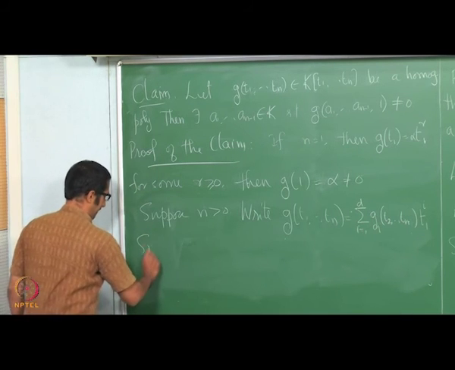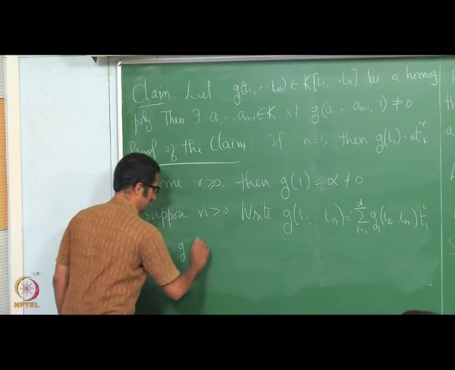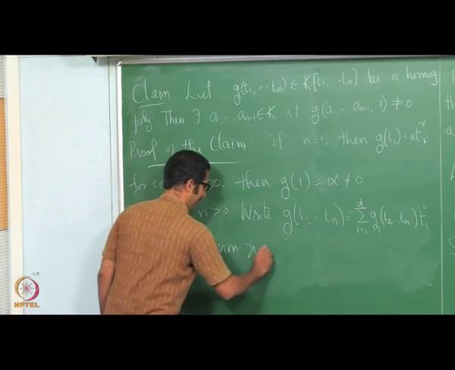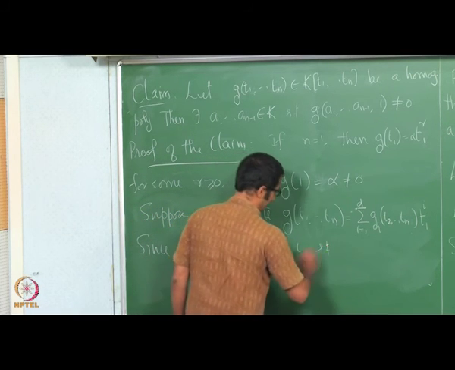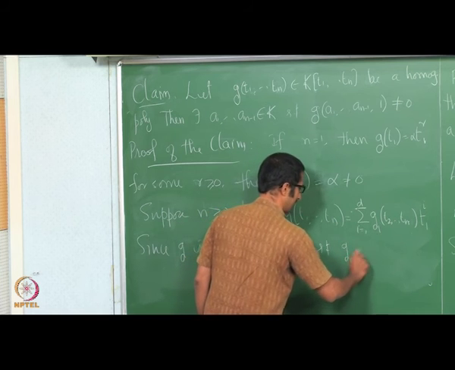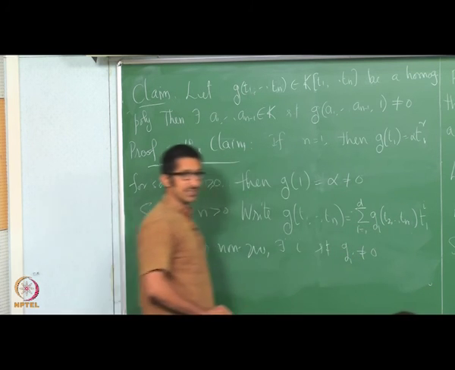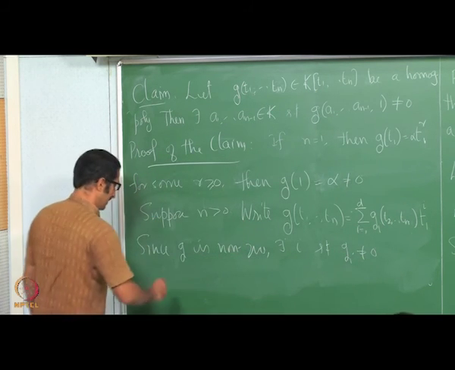Okay. Since g is non-zero, there exists at least one i such that g_i is non-zero. g_i is a non-zero polynomial.